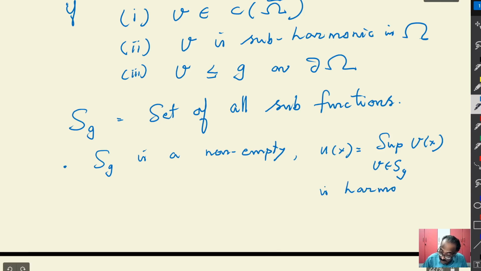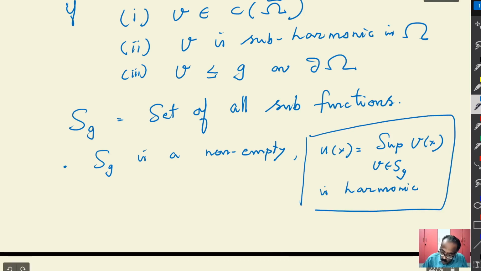Of course, we must also show that it satisfies the boundary condition. Proving that it is harmonic is a bit delicate. So in the next class, the main aim is to show that the maximizer over all subfunctions gives, not yet the boundary value problem, but at least a harmonic function. We will stop here and continue in the next class.